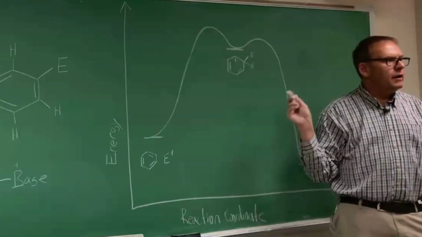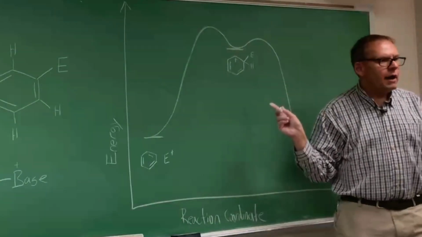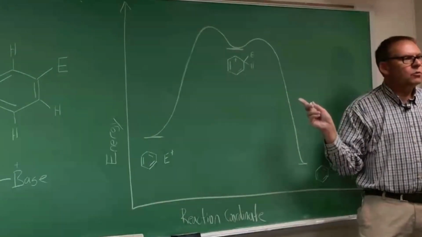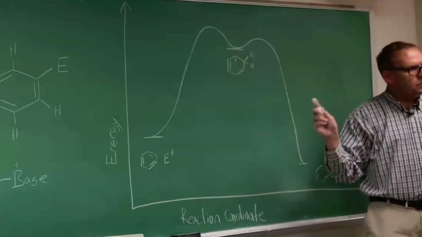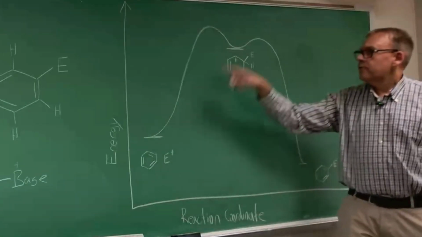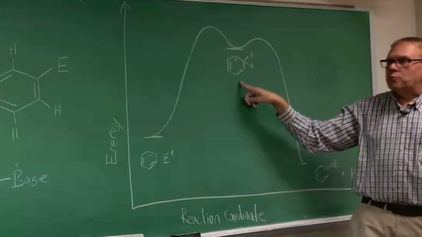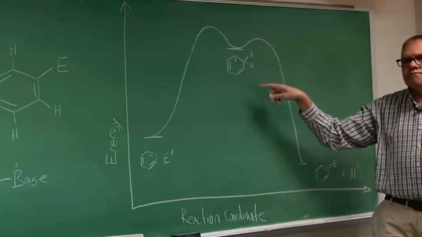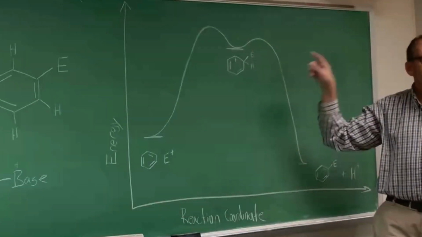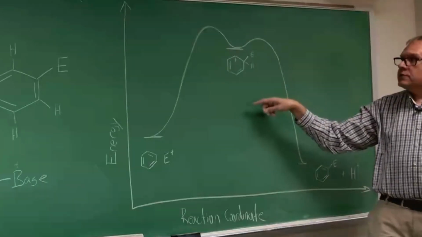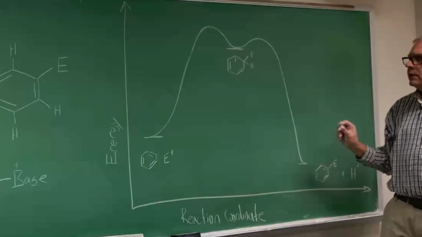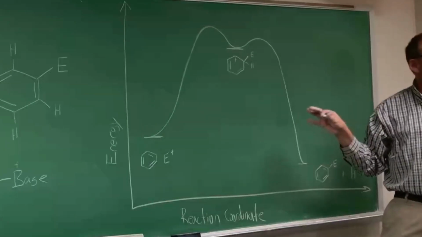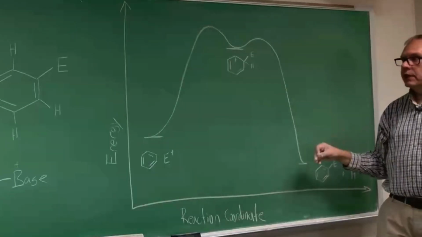This graph, if it looks familiar, is the same graph that we had when we were studying SN1 and E1 reactions in organic 1. It was a two-step process. The first step was form the carbocation, and then the second step was the carbocation reacts. In substitution reactions, it got substituted. In elimination reactions, it got deprotonated. This is really similar to an E1 elimination mechanism in its energy level diagram.